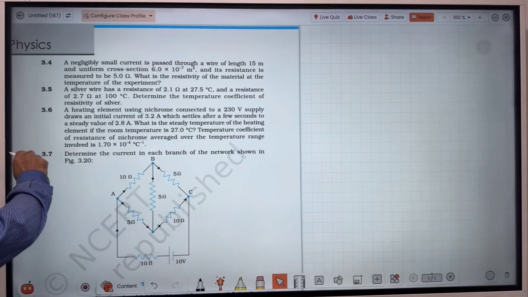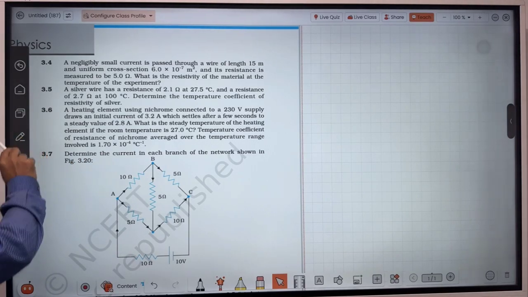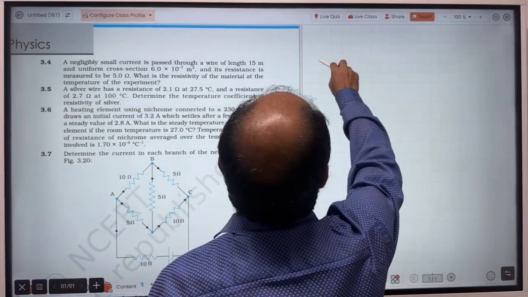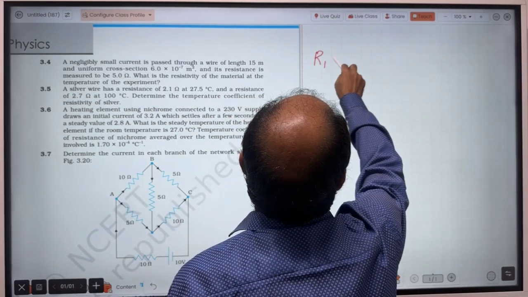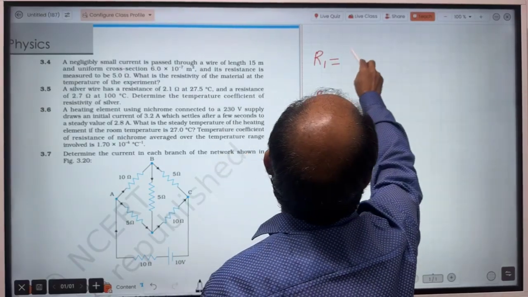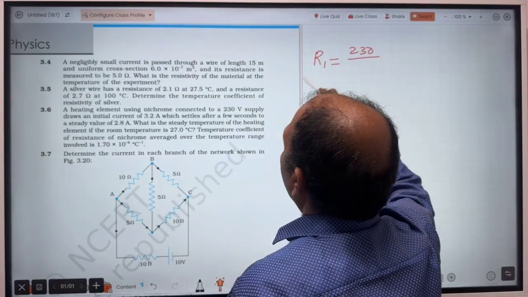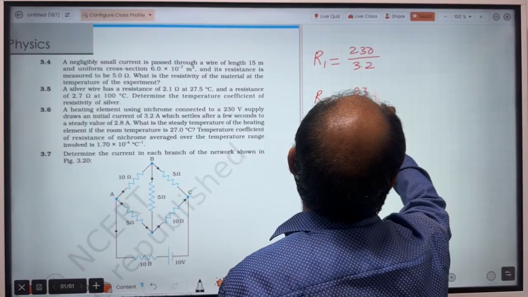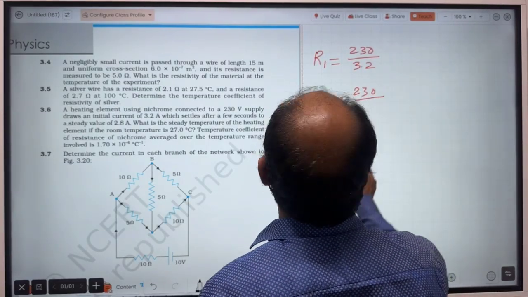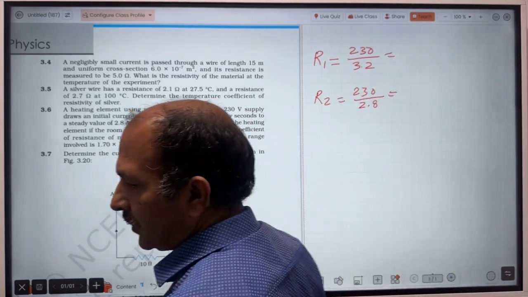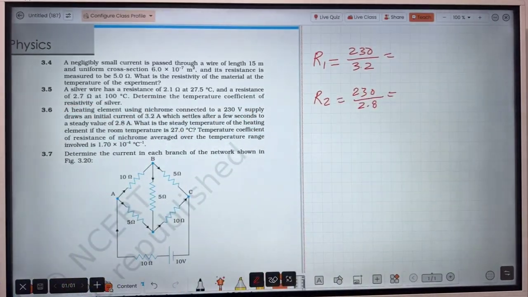This is the same question, so again it involves only calculation. First of all, you have to find out the resistance, what is R1, what is R2. So the first case is 230 divided by 3.2 ampere current, and this is 230 divided by 2.8 ampere current. Just evaluate using a calculator. What do you get?